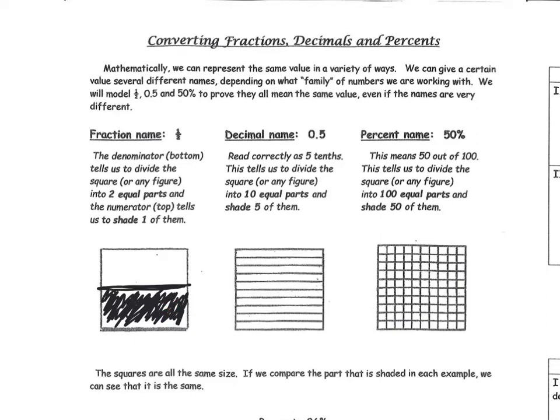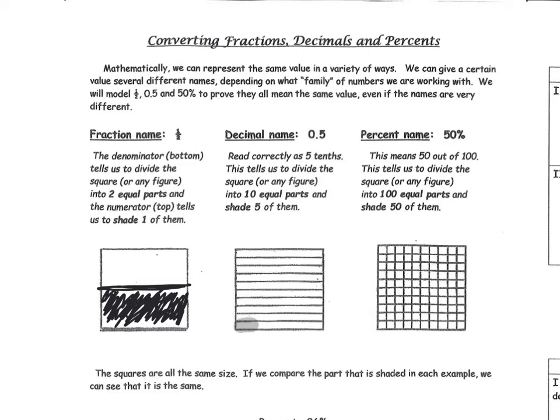Let's move on to the decimal name. The decimal name is 0.5, or read correctly as 5 tenths. This tells us to divide the square, any figure, into 10 equal parts. So the place value, tenths, tells us that we're dividing in 10 parts. And the number 5, we need to shade 5 of them. So because I did the bottom half on the other square, I'm going to do the same.